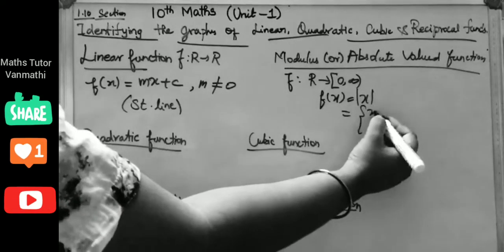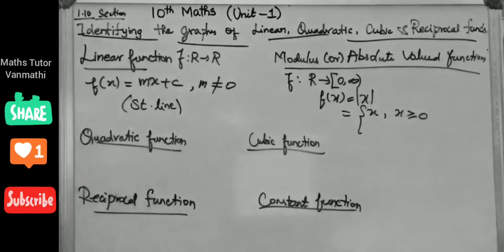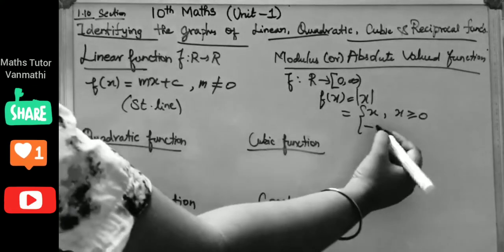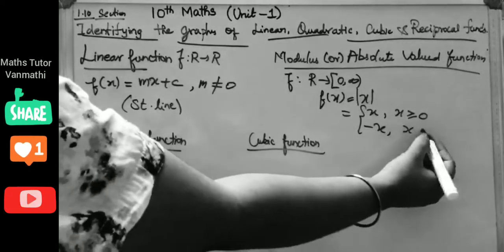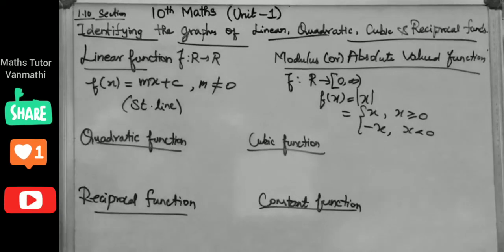One is x when x is greater than or equal to 0, that is positive numbers, and minus x when x is less than 0, that is negative numbers. This is the representation of modulus or absolute valued functions.